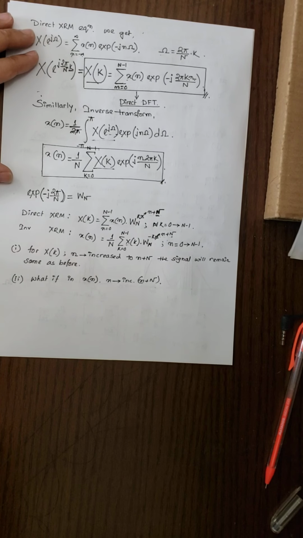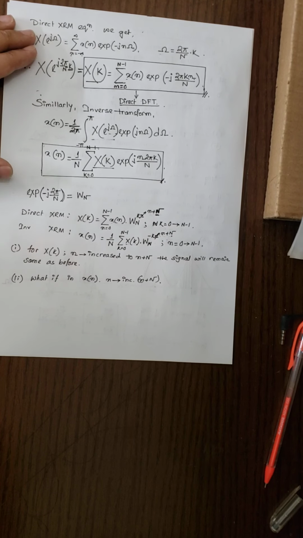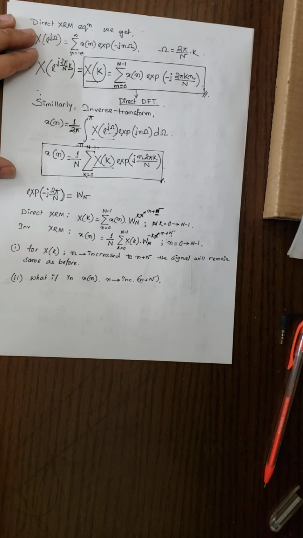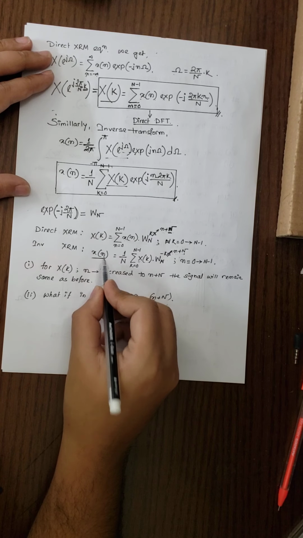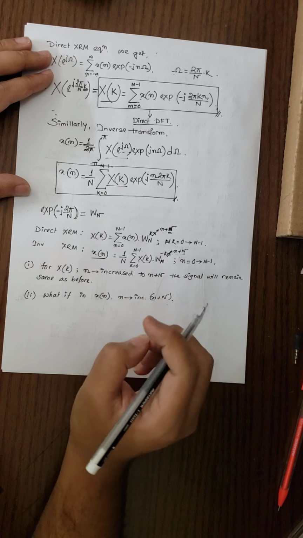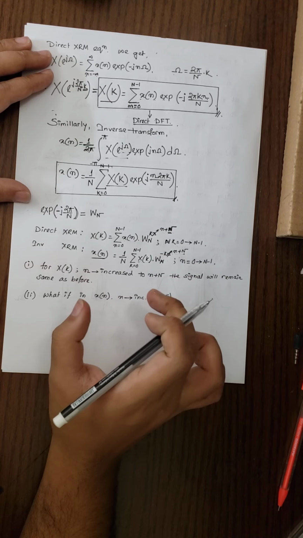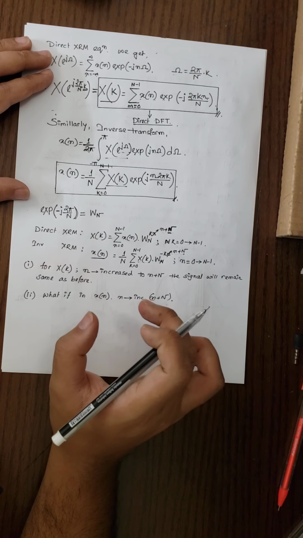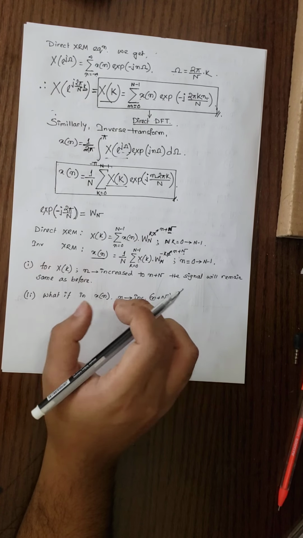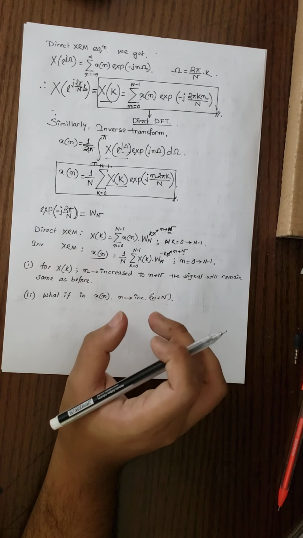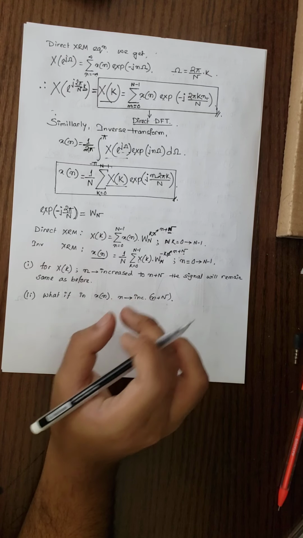We were talking about the problem. The problem is we have considered x of n to be periodic, whereas the essence of the Fourier transform dictates that in order for the Fourier transform to occur, the signal must be aperiodic.